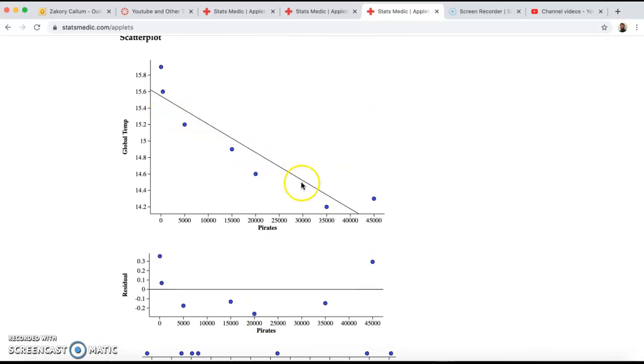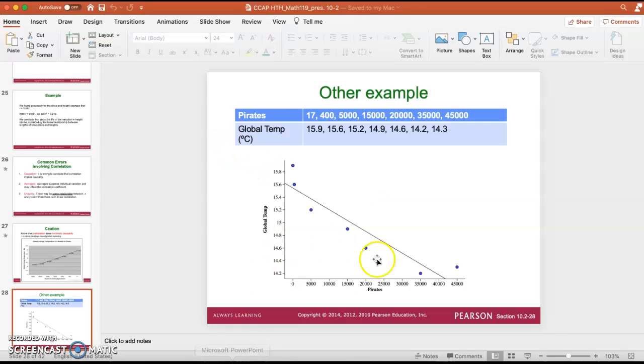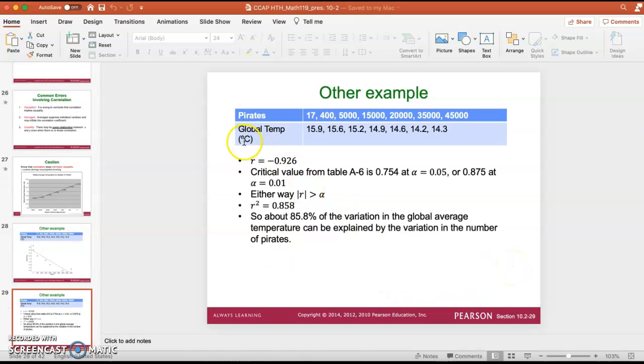And notice it gives that line for me after I hit that regression button. So that's where I got this scatter plot from. And then just using those numbers, the correlation coefficient for this data is negative 0.926.